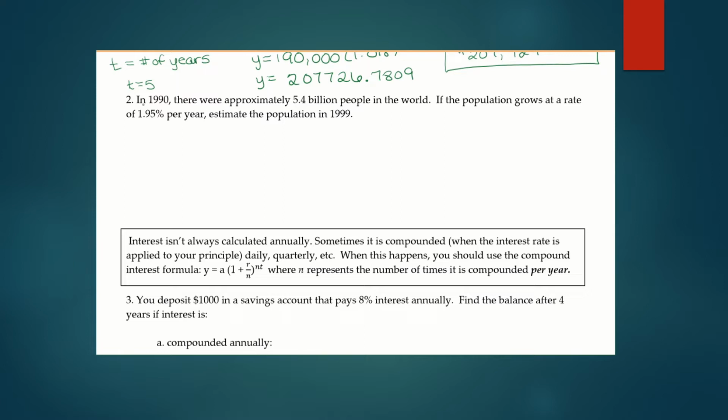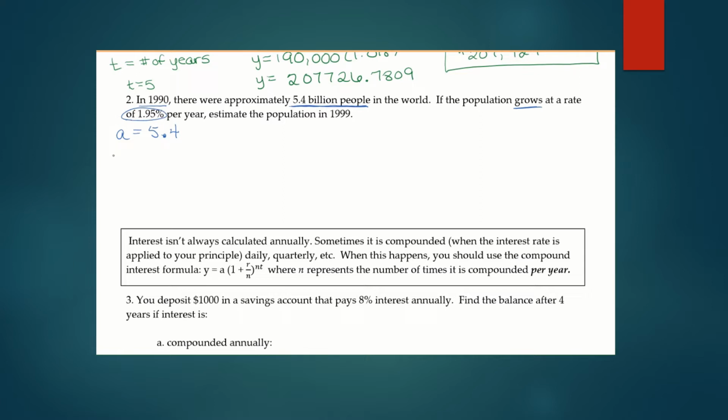Okay, so we start in 1990. There was 5.4 billion people at that time. So that's my A value. And I am going to leave it as 5.4 for now, so our answer will be in terms of billions of people. If the population grows, so that means we have a growth rate of 1.95%.